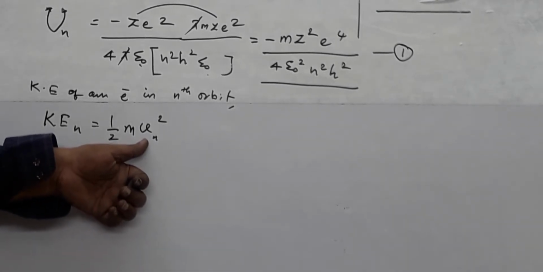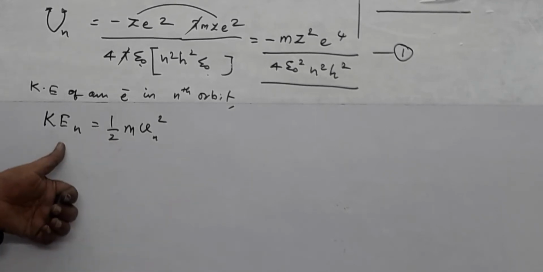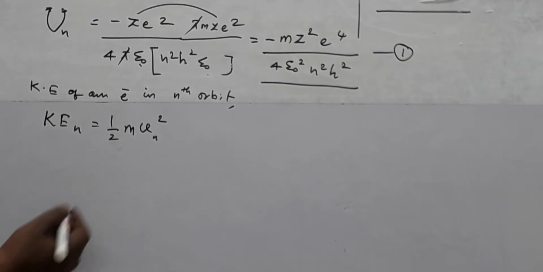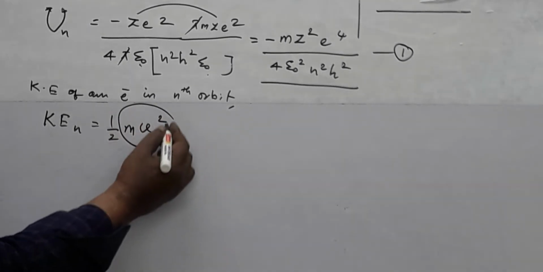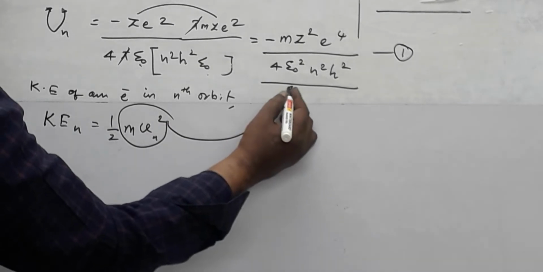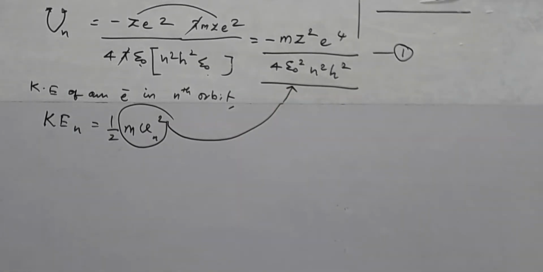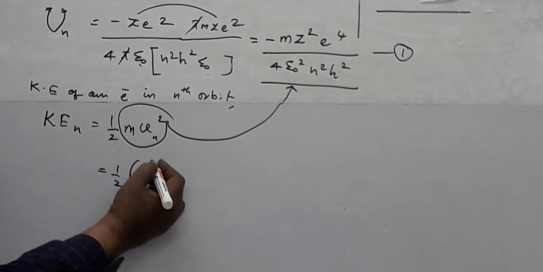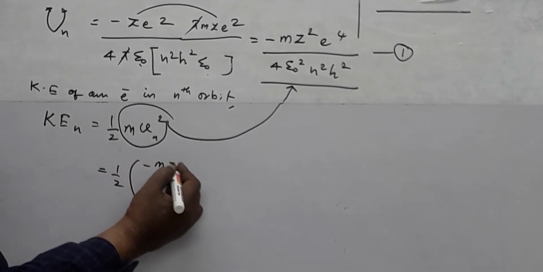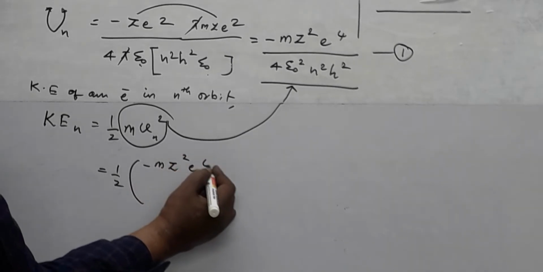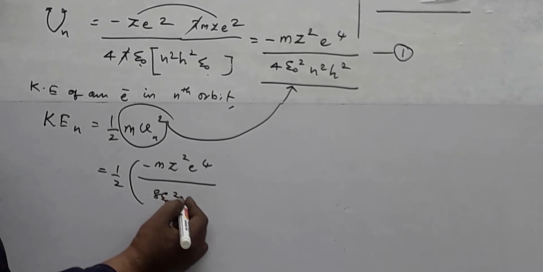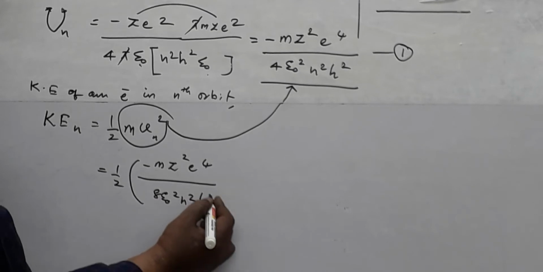Kinetic energy is equal to half m vn square, and this value is equivalent to that value. Are you clear? We substitute 1 by 2 into minus m Z square e power 4 divided by 4 epsilon naught square n square h square.